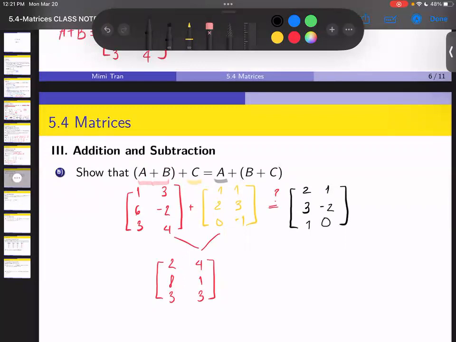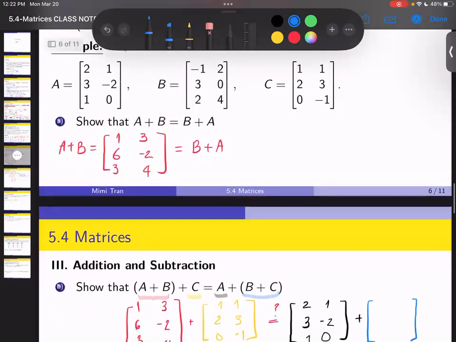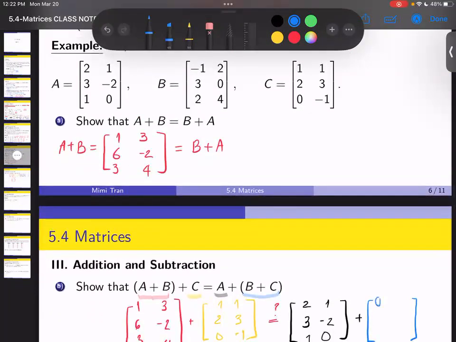Plus the sum of B plus C. B plus C, well, you can do it in your head. -1 plus 1, 0. 2 plus 1, 3. 3 plus 2, 5. 0 plus 3, 3. 2 plus 0, 2. 4 plus -1, 3.